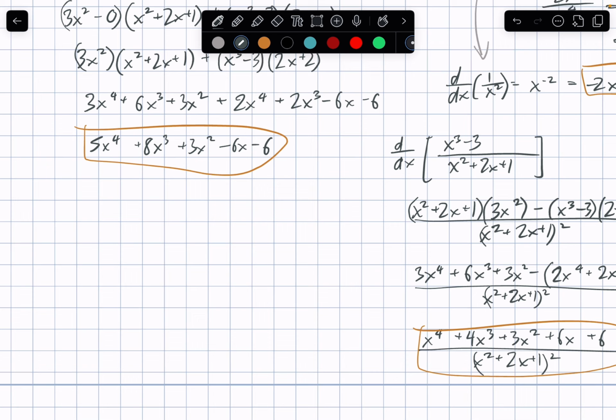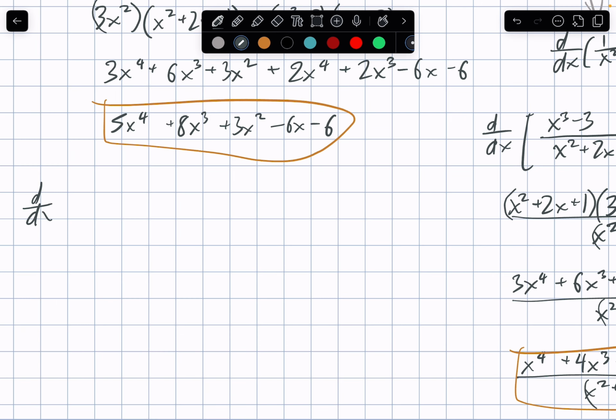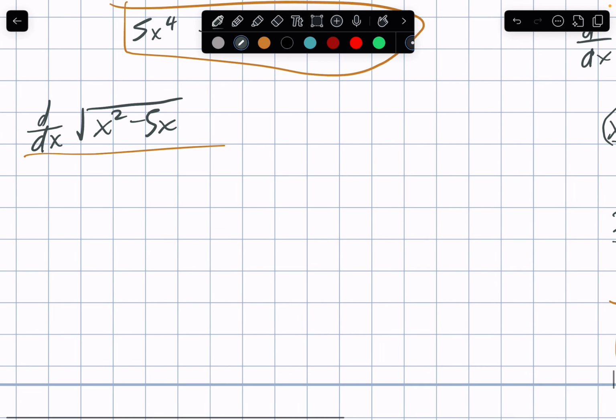How about something like this? What if you're given this kind of question? The square root of x squared minus 5x. So when we're dealing with square root, technically there's an invisible 2 there, if you still remember your grade 8 math. So it's supposed to be rewritten as this. And if you want to find the derivative, from there it's easier because you can just apply power rule.